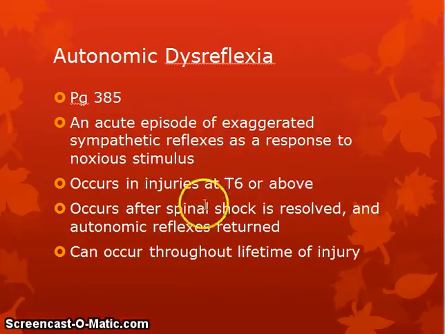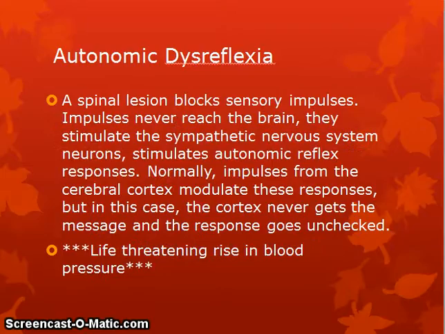So the spinal cord just continues to be triggered, and it continues to activate your sympathetic nervous system, particularly the release of epinephrine. Alright, and if it's not resolved, it's going to impact different systems of the body. Alright, so the lesion's blocking the impulse, so the signals never reach the brain.